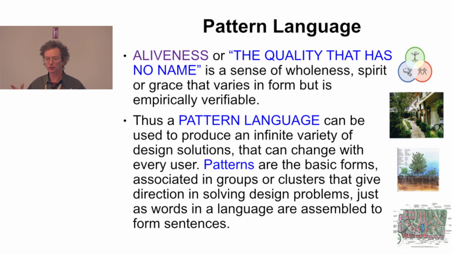It's sort of mystical, it's magical, and you can never really quite get there because it belongs to the infinite. And so that's where we want to go in terms of developing our patterns. You know you have a good pattern the closer it gets to that quality without a name. And that's what I think keeps the pattern language alive itself.